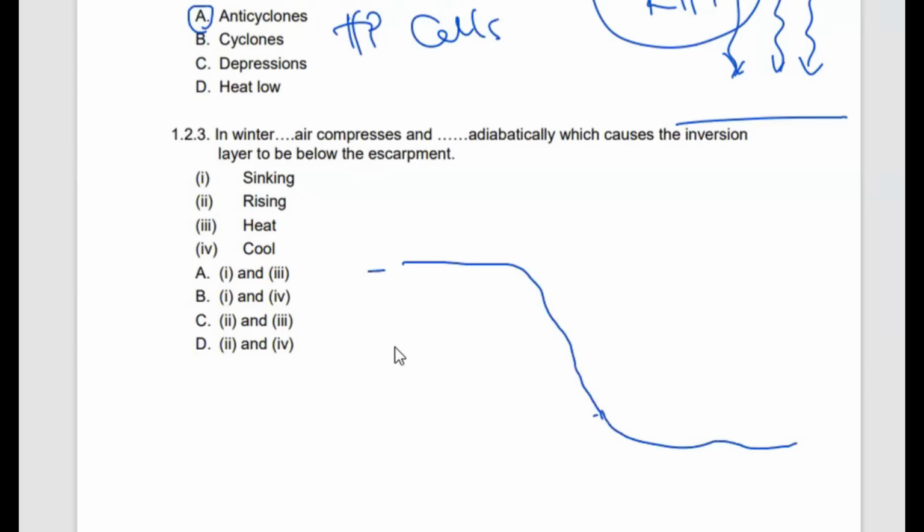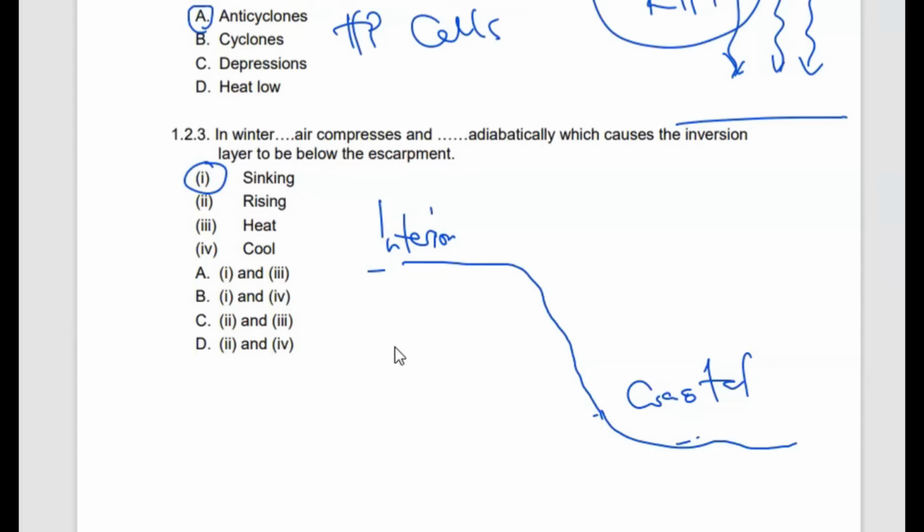Right, this is the interior, and this is the coastal area. Right, so we are saying in winter, dash air compresses. What kind of air compresses? Is it sinking air or rising air? Definitely it's sinking air that compresses and dash adiabatically, which causes the inversion layer to be below the escarpment.